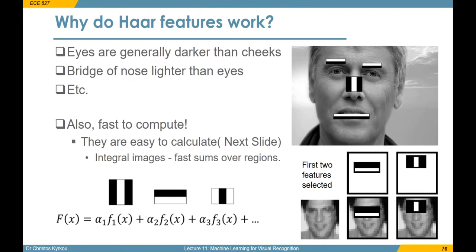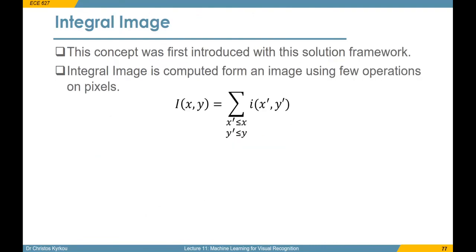So let's see the other thing that they proposed. One issue with Haar features is that because they rely on the differences of regions, we have to sum image parts over and over again.